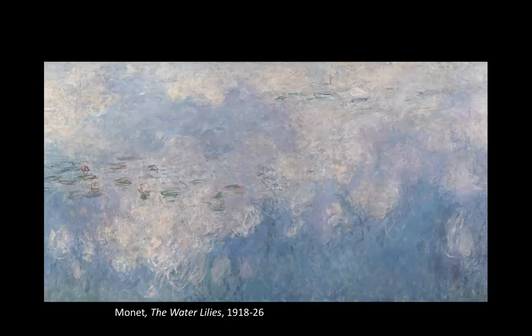But it all looks very abstract. And in fact, this painting had a huge effect later on the American painter Jackson Pollock. And we're going to talk more about the similarities there when we get to Pollock.